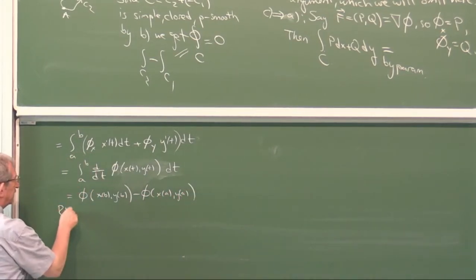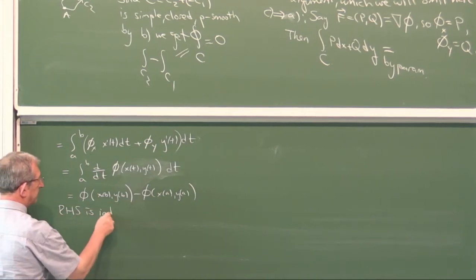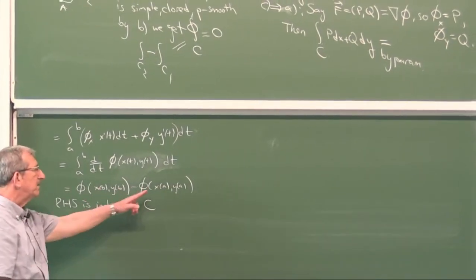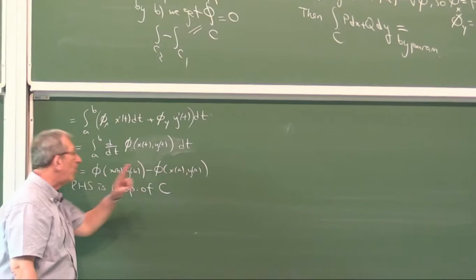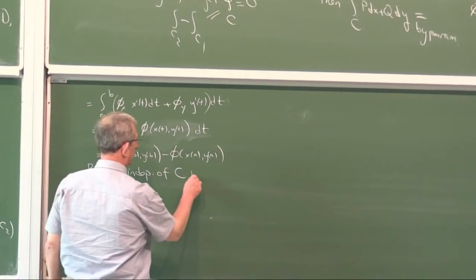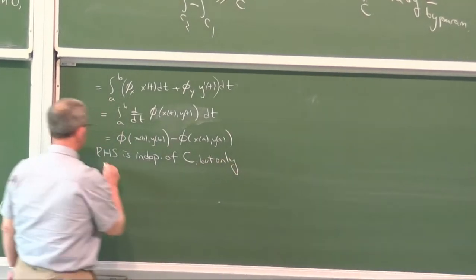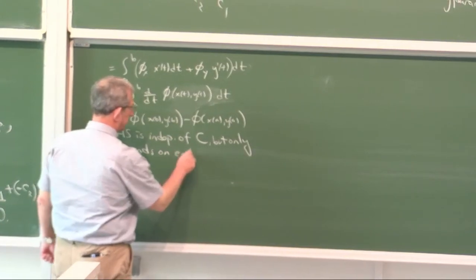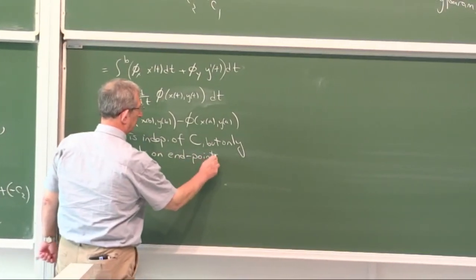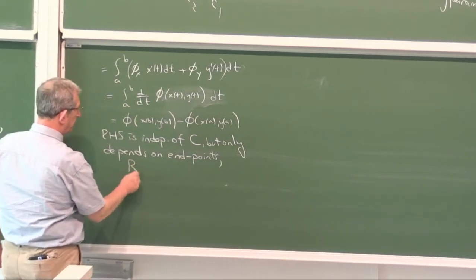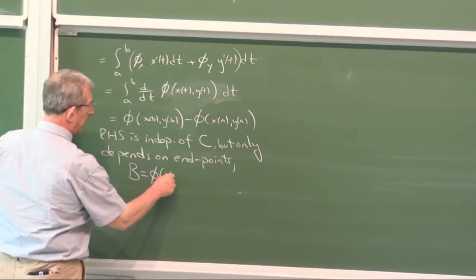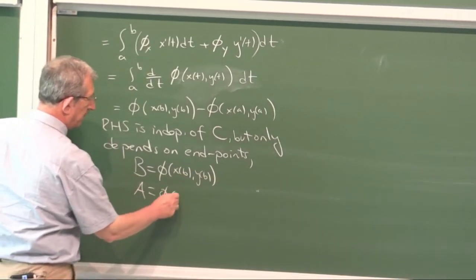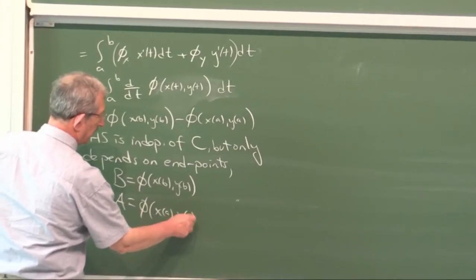Now the right-hand side is independent of C, but only depends on the endpoints, the starting point and the end point. Namely, the B point, which is phi of x of b, y of b, and the A point, which is phi of x of a, y of a.